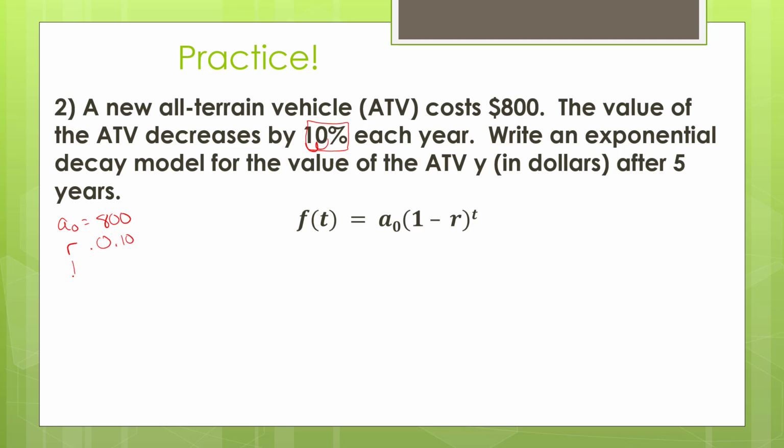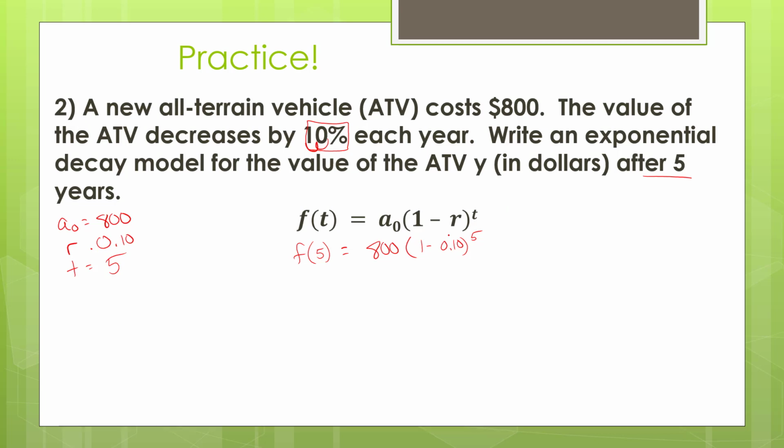Let's see, our amount of time. Time is given, so after 5 years. Well, it looks like we can start plugging in information. f of the amount of time, 5, is equal to a sub 0, which is 800, times 1 minus 0.10 raised to the 5th power. So again, we have the information.